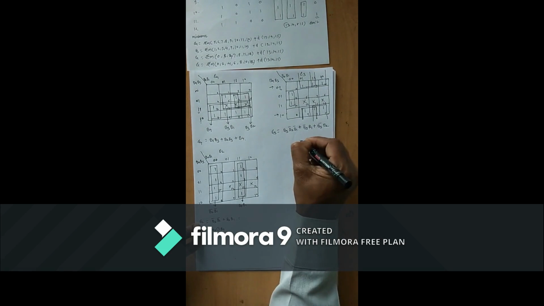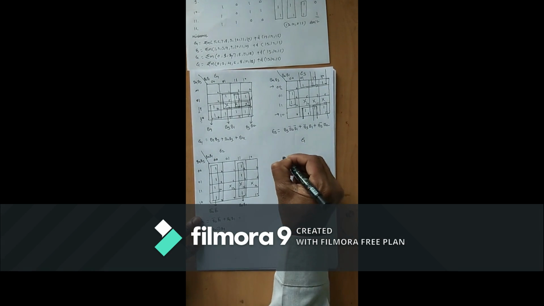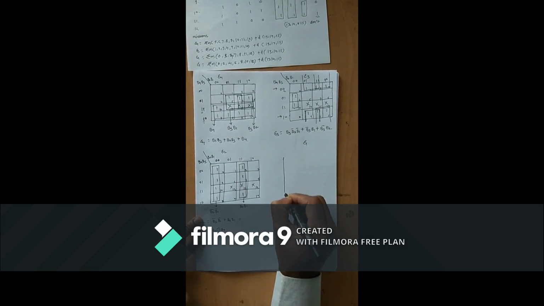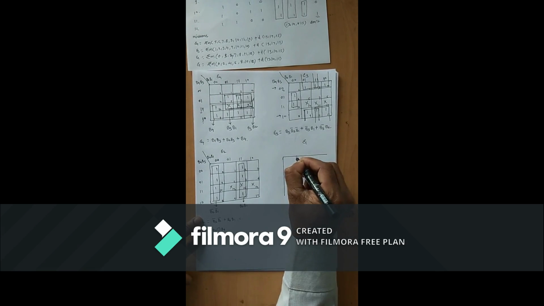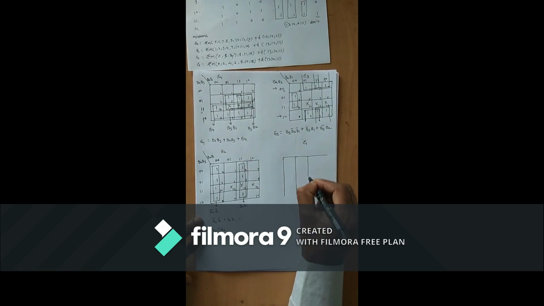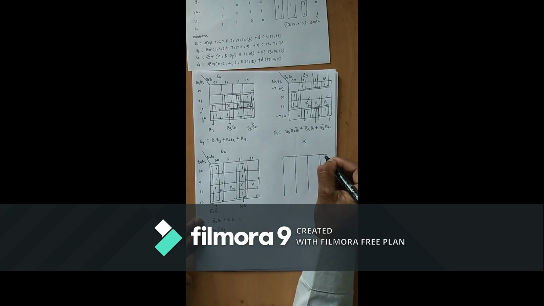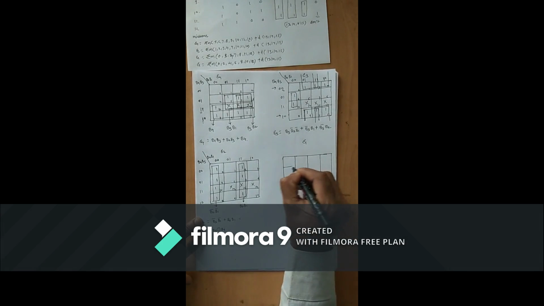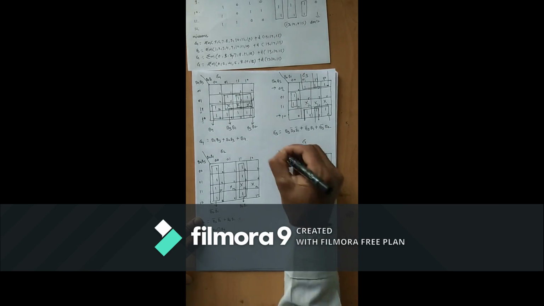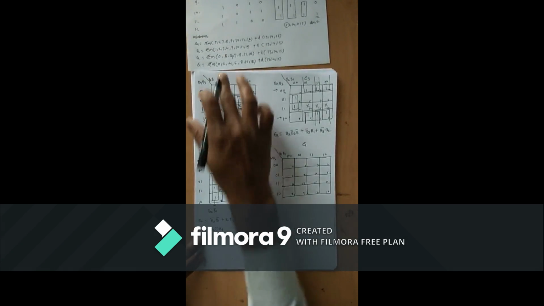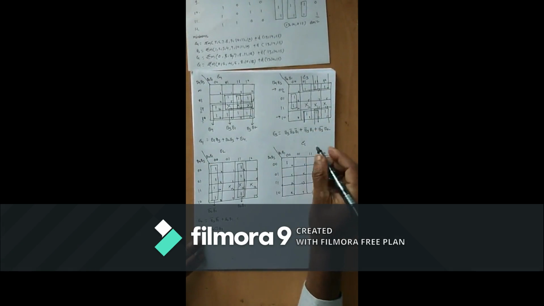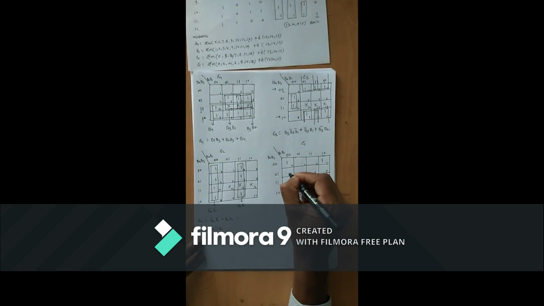Then the last one, that is E of 1. Just consider the minterms are 0, 2, 4, 6, 8, 10, 12.